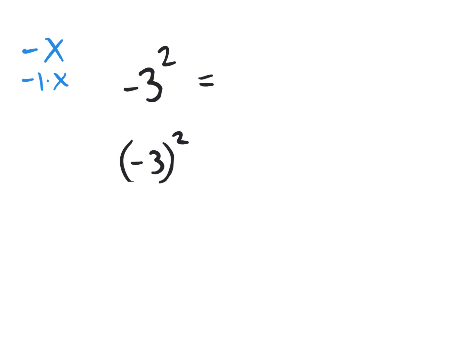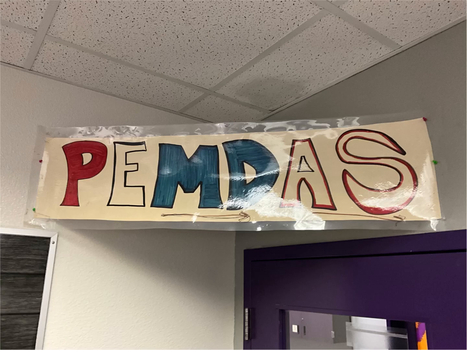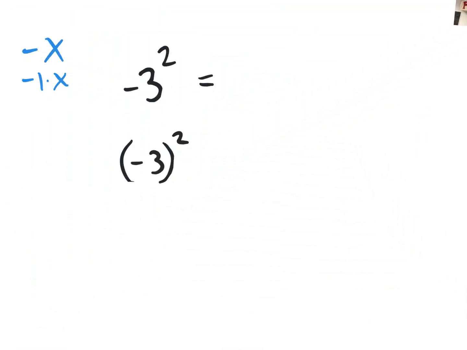And when we think -1 times 3 to the second power, we have 2 math operations, multiplication and exponents. And we should all know that you do exponents first, then multiplication, right? Okay. So with that reasoning, you have to do exponents first before multiplying by -1.